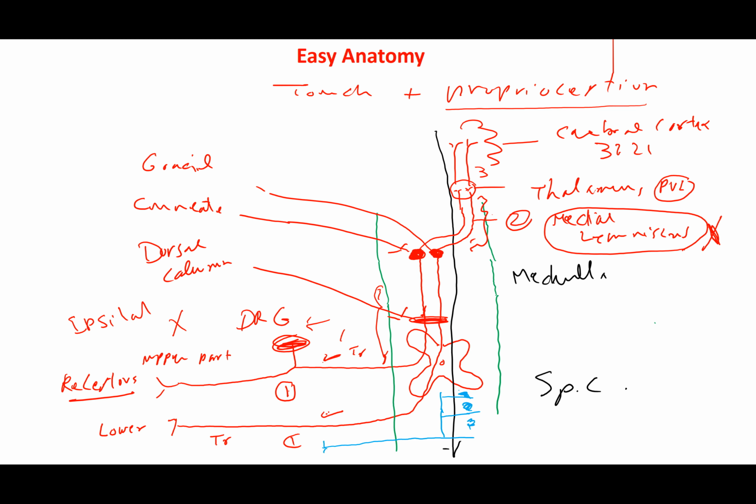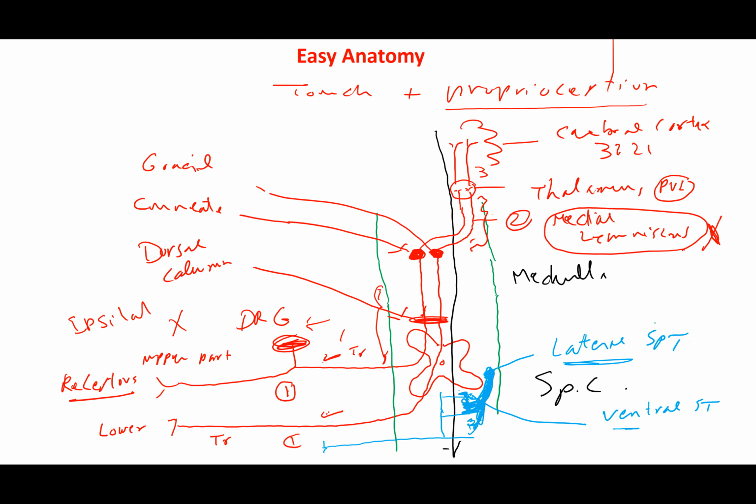This area is the ventral column of the spinal cord, and it joins the tract in the lateral column, which is the lateral spinothalamic tract. So we have the lateral spinothalamic tract and the ventral spinothalamic tract. The ventral is for touch, the lateral is for pain and temperature, and both of them form what we call the anterolateral system.